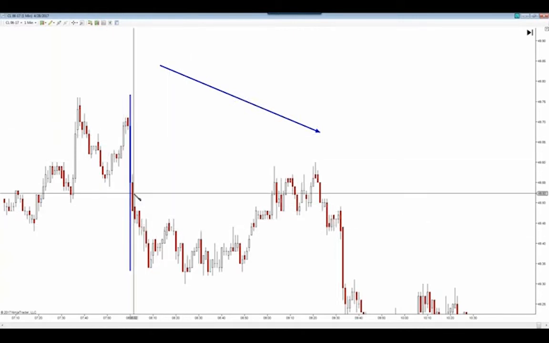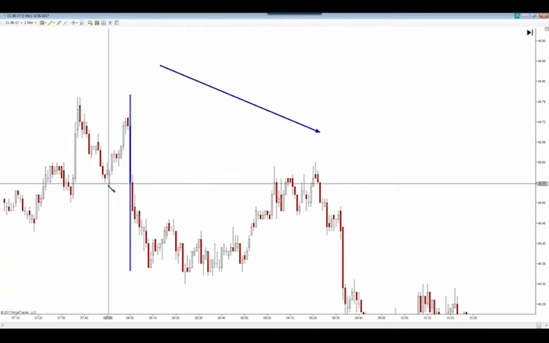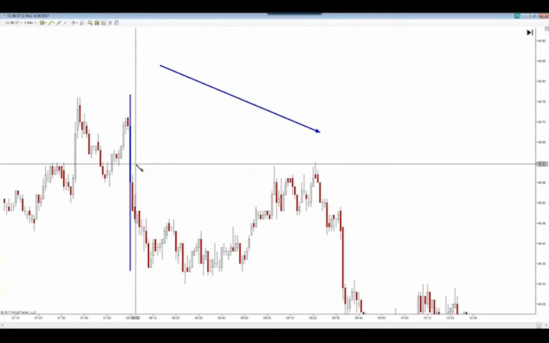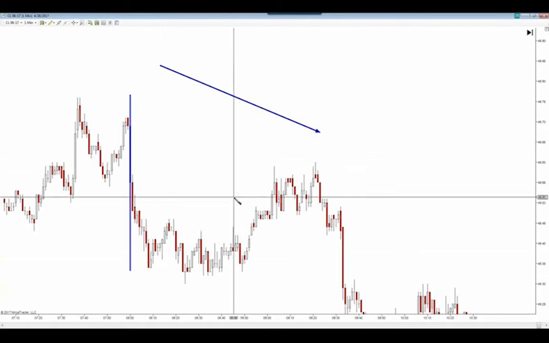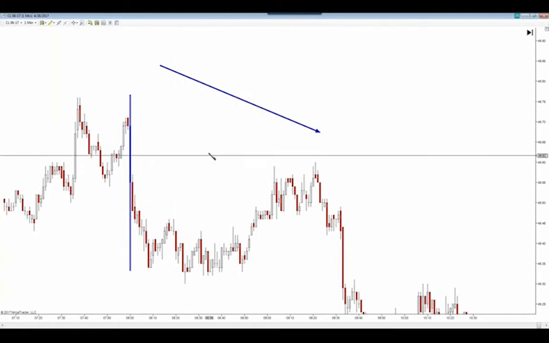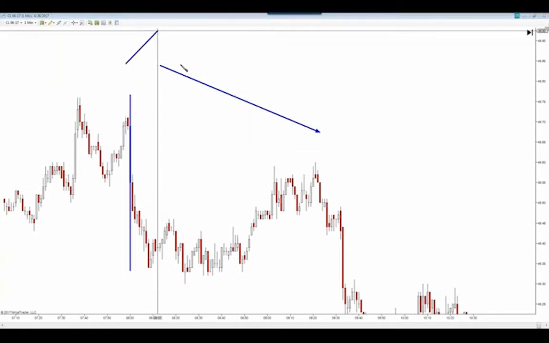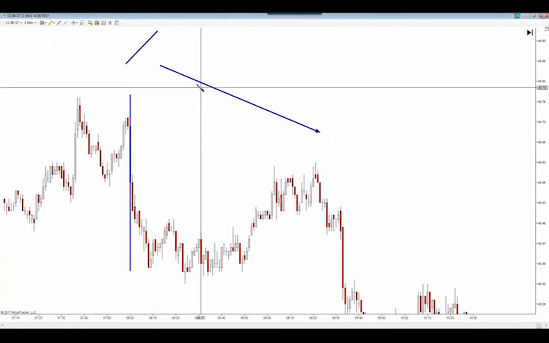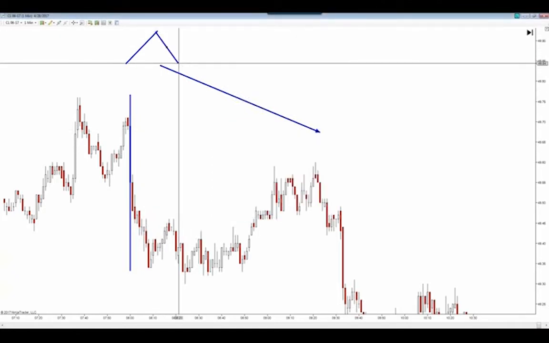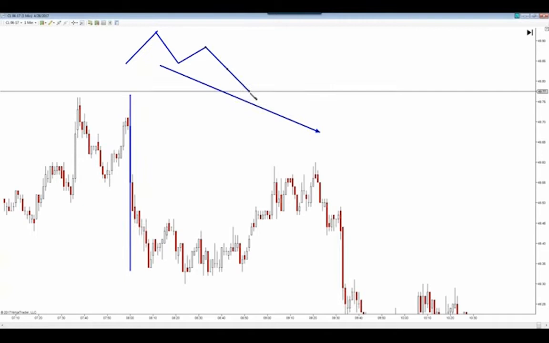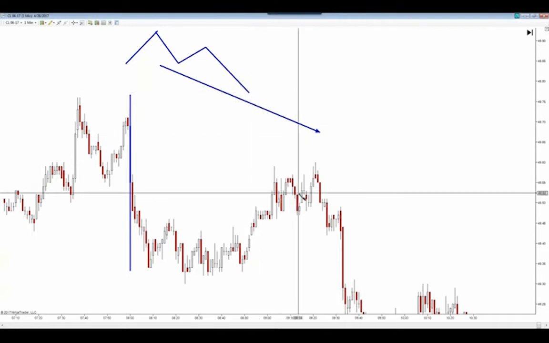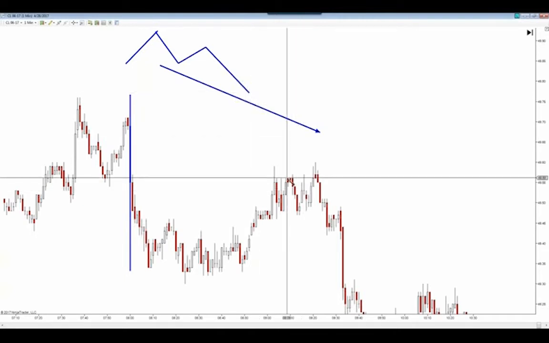Now, from that opening point, what we're going to be looking for is the wave theory idea, okay? We're going to be looking for price to oscillate at the extremes, all right, or at the peak of the sine wave, all right? So if we see this initial kick down here, like we did this morning on this market, what we're going to be looking for is a simple little price pattern, okay?